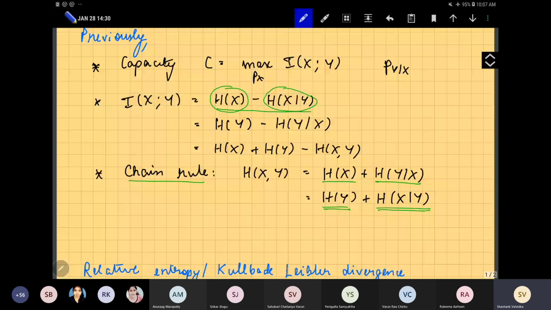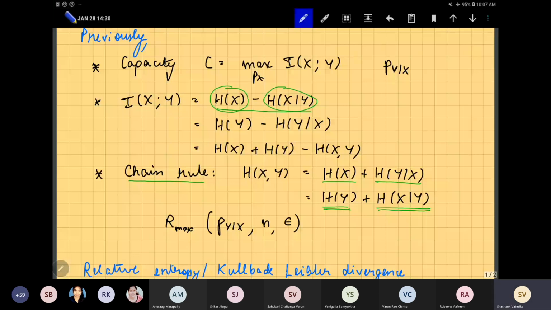Let's talk about the channel coding problem. What is the maximum rate at which you can communicate for a given channel P(y|x), a given block length n, and a given probability of error epsilon? Right? So that is really the quantity that we're interested in.